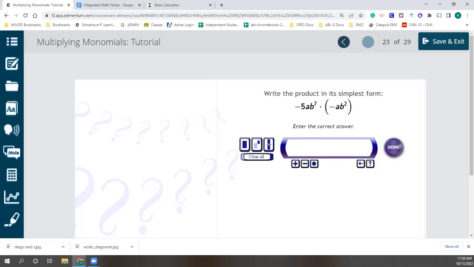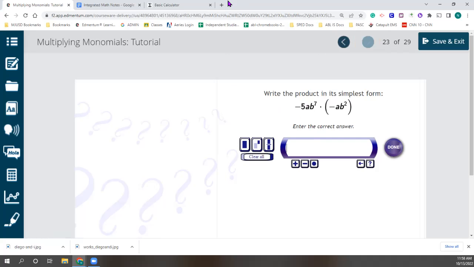Write the product in its simplest form. All right. So I've got negative 5AB7 multiplied by parentheses negative AB squared, close parentheses. So equals, combine, or multiply the coefficients.